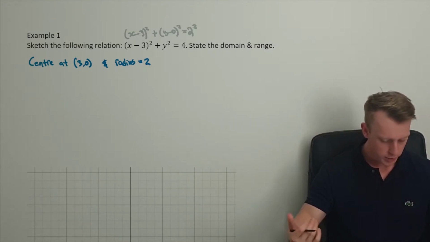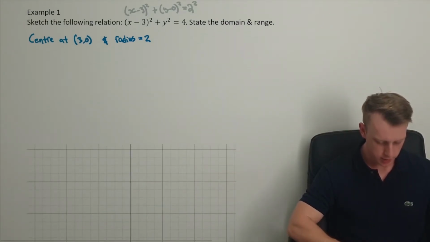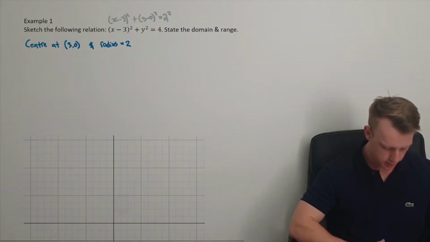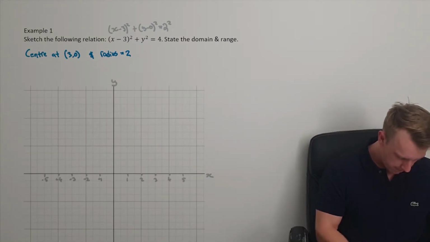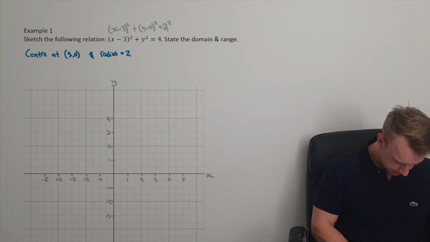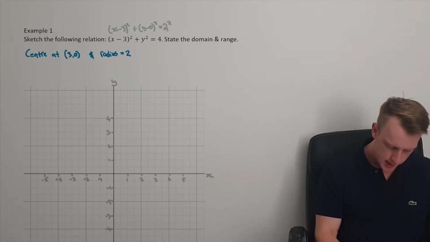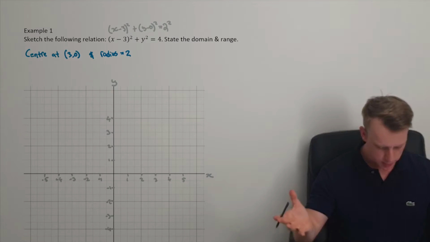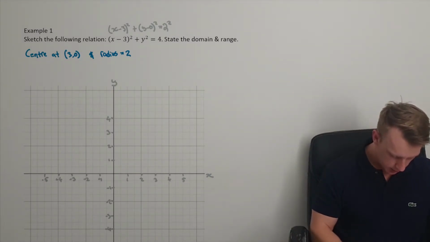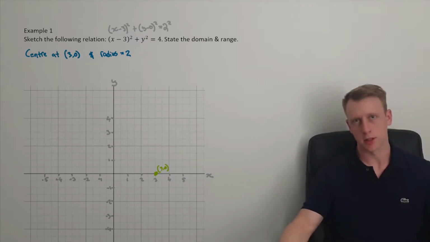Well, that's kind of nice, because now we can go ahead and start sketching this. We can plant a dot right at our center, which is at x being 3, y being 0. That's our center.